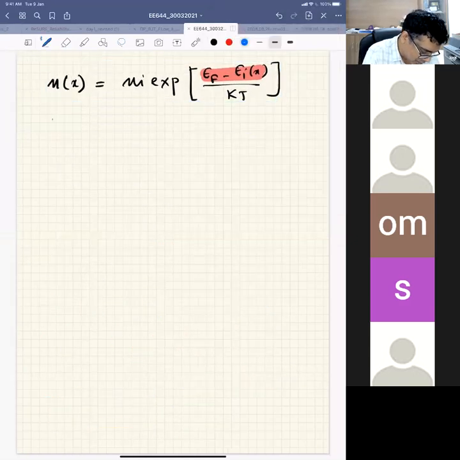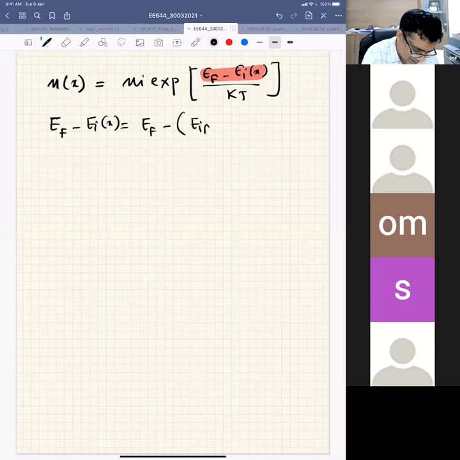Your EF minus EI x, I could write down, because your EI x is nothing but whatever it is in the flat band minus Q times psi x.